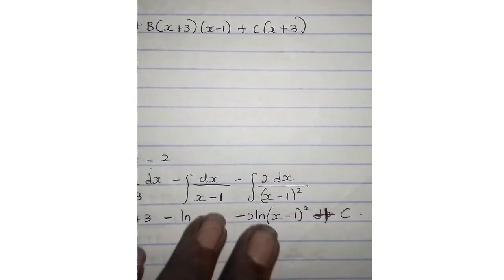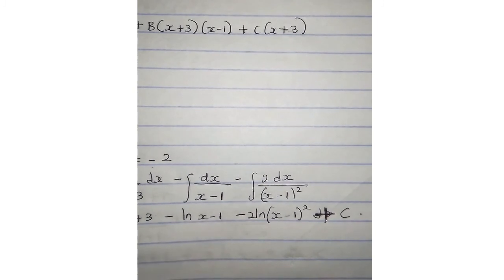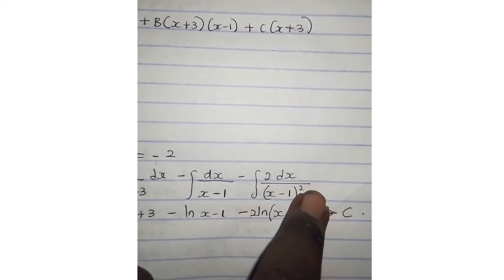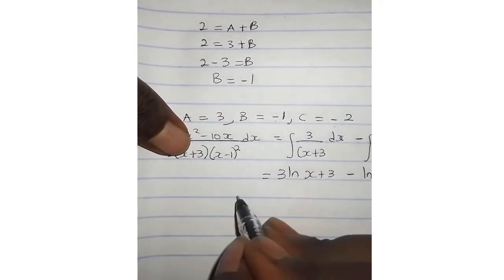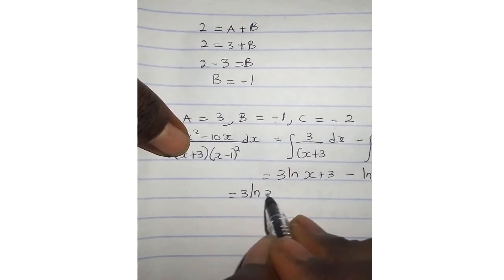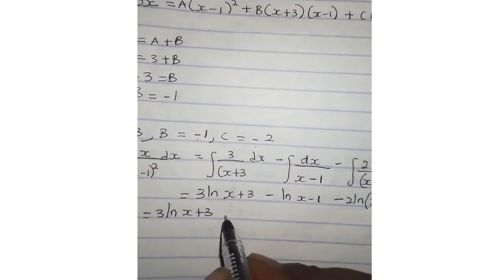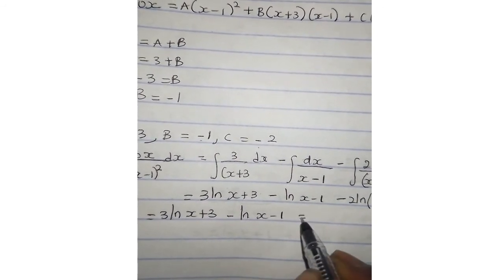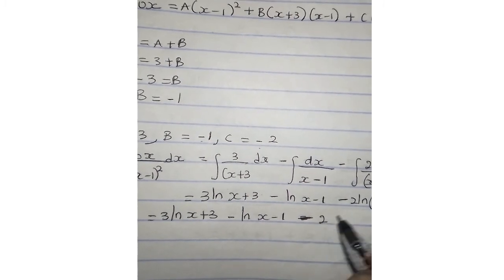In a case like this, you can just leave an answer like this, but it's not so here, because while looking at this equation, there's a power here. So since there is a power here, we're going to write this as 3 ln of (x plus 3) minus ln of (x minus 1) minus, which is going to give us negative 2. We can't leave this like this. Leaving an answer like this makes it wrong.